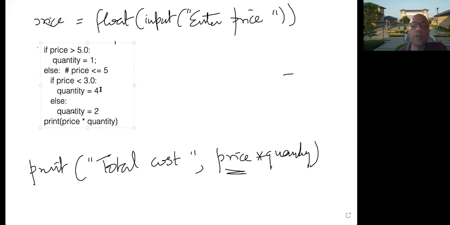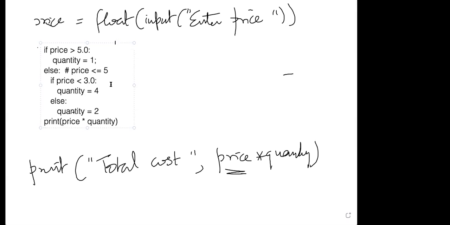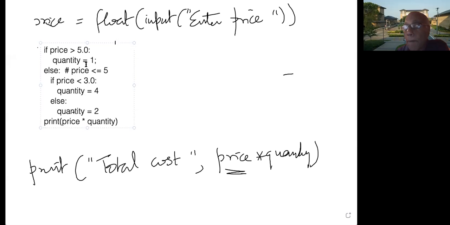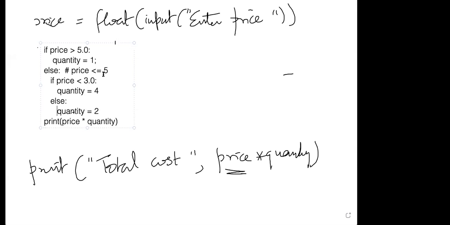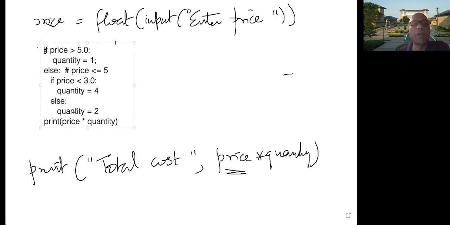So what if price is $3? It's not greater than 5. If price is 3, what will happen here?